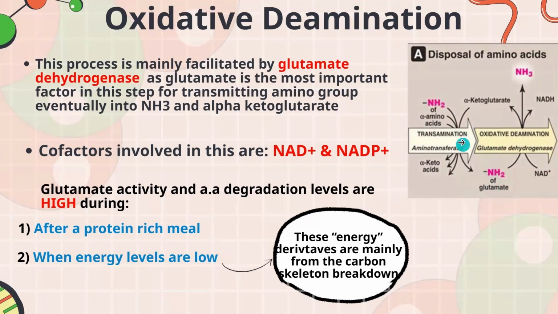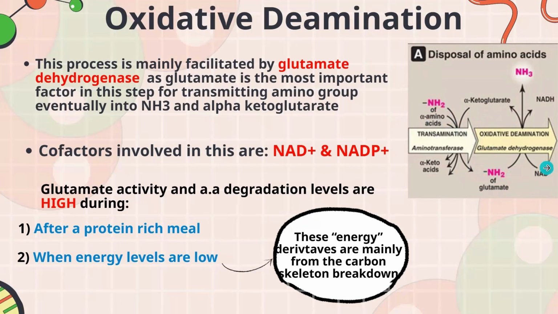So as you guys can see here, this is the transamination process we already talked about. NH2 is transaminating, moving to the alpha ketoglutarate. Alpha ketoglutarate comes here. It will eventually form your alpha keto acids, and your NH2 is going to form the NH2 of the glutamate instead of the alpha amino acids.